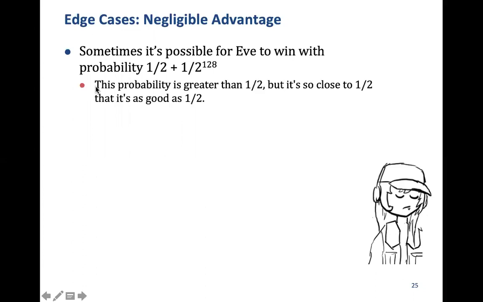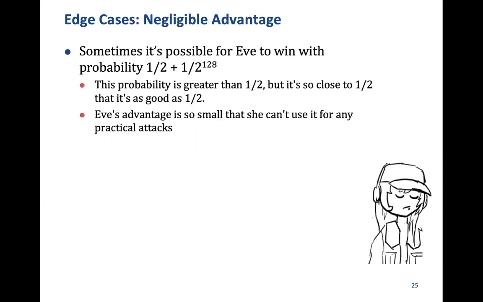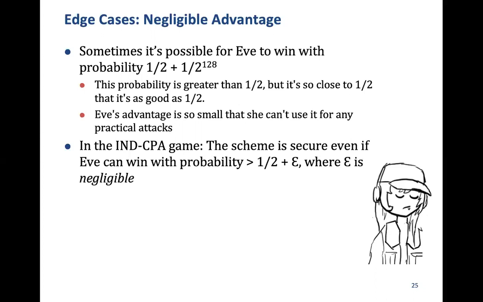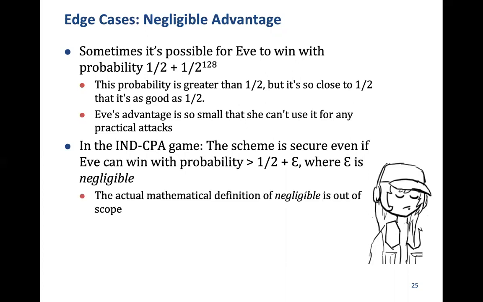Eve's advantage is so small that she cannot use it for any practical attacks. So in general we can say that the scheme is secure even if Eve can win with probability greater than half, 1/2 plus epsilon, where epsilon is negligible. The actual mathematical definition of negligible is out of scope, right?